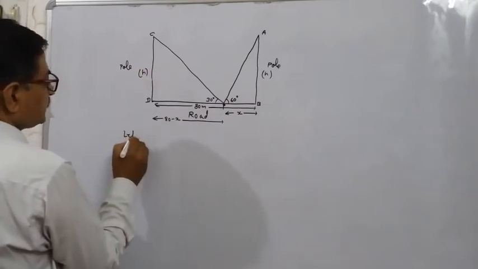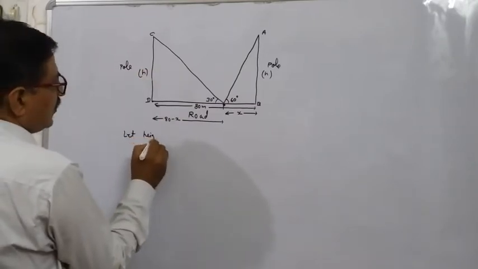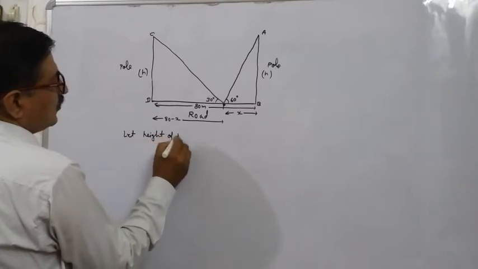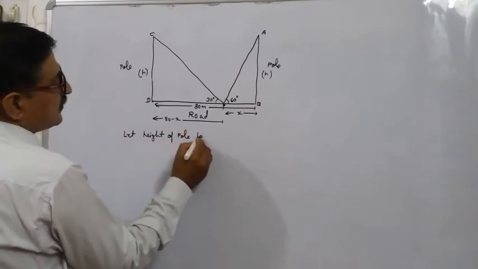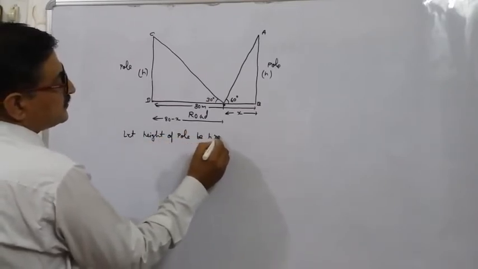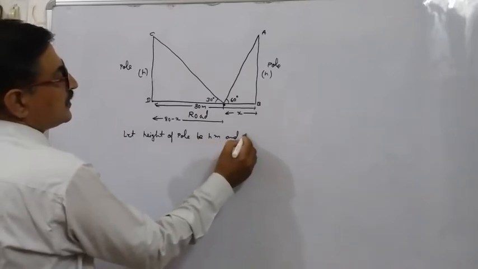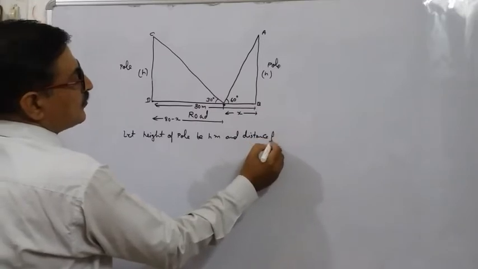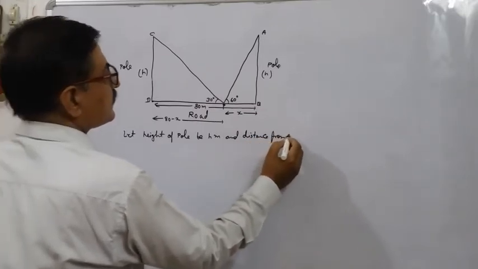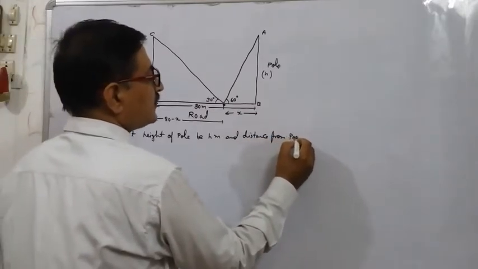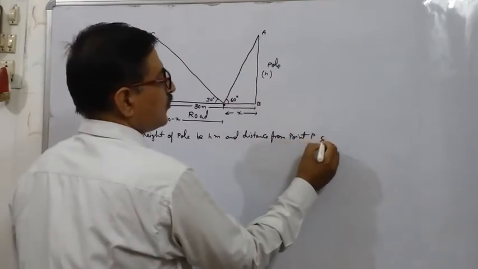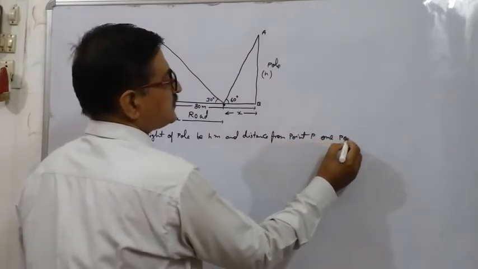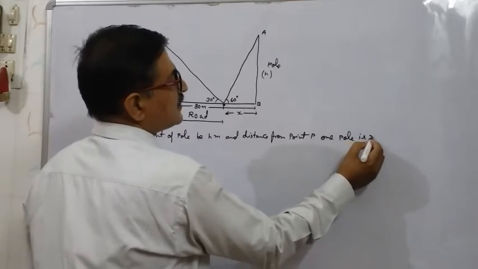Let the height of the pole be h meter and the distance from point P to one pole is x meter.